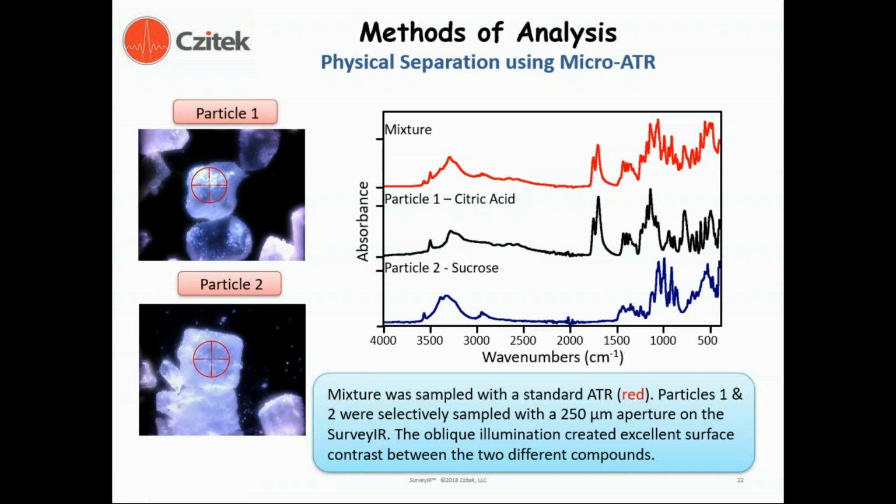Sucrose is more rectangular or cubic in its habit, and we could selectively touch these crystals. We're observing them on a Lowy glass slide with oblique illumination and measuring the spectral contribution of these materials separately. In the very top spectrum is the spectrum of a mixture of sucrose and citric acid.